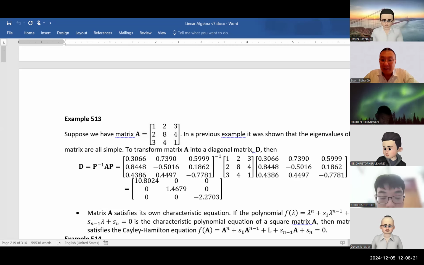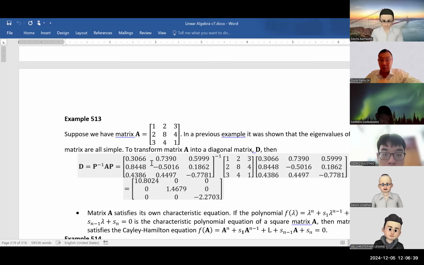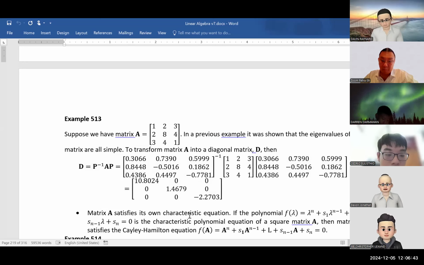And P to the minus one is the inverse of it, the inverse of the modal matrix. But remember, this is a symmetric matrix and the eigenvalues are distinct. That means P inverse is just the transpose.